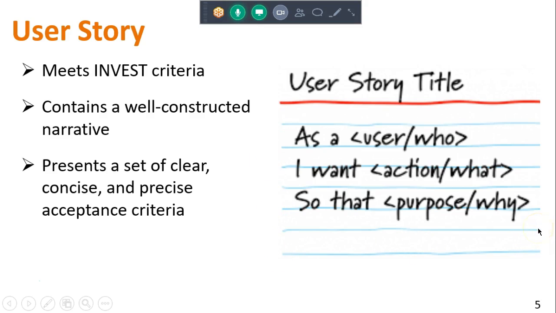This is the basic syntax for a user story. You can also add things like conditions to this. As a customer, under certain conditions, I want to do these things so that I can achieve the goal that I was trying to achieve.